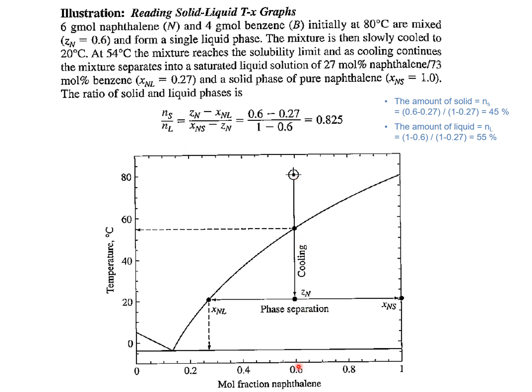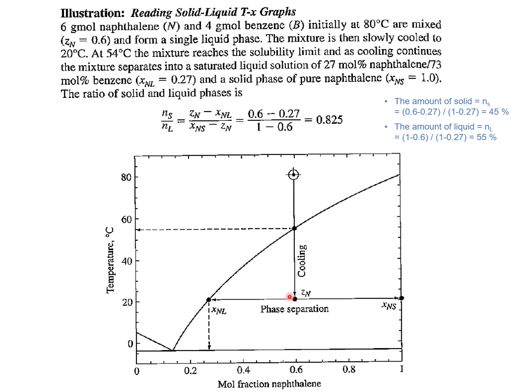So here is the 0.6. The starting point is here. Let me cool the mixture down to 20 degrees Celsius. So this mixture follows this line, and we pass through the equilibrium point, or solubility limit, here. Then finally we go to the two-phase area between the saturated solution of naphthalene in benzene and solid naphthalene.